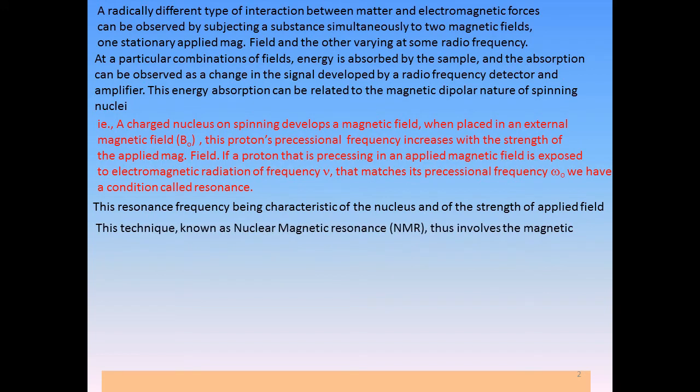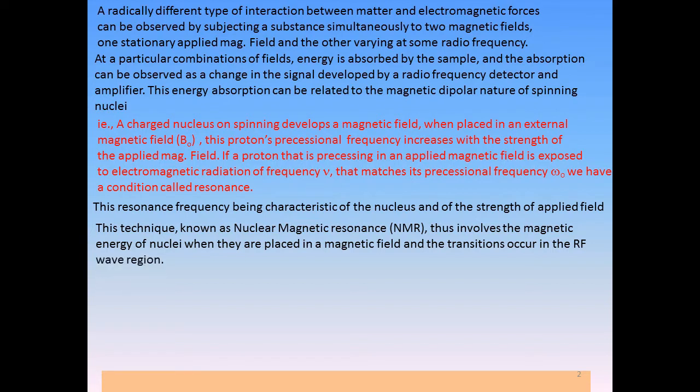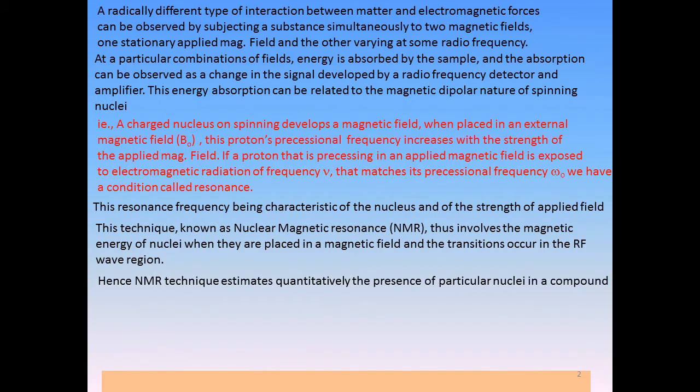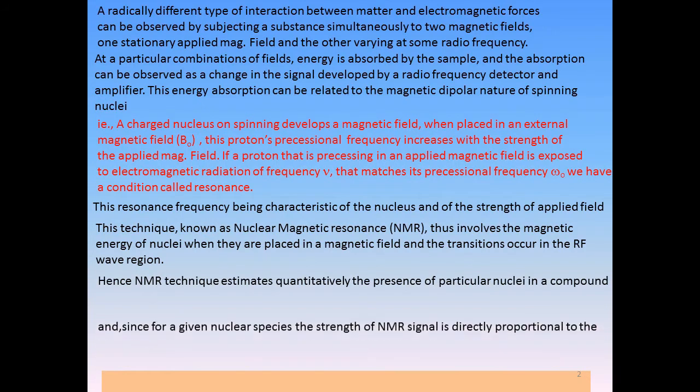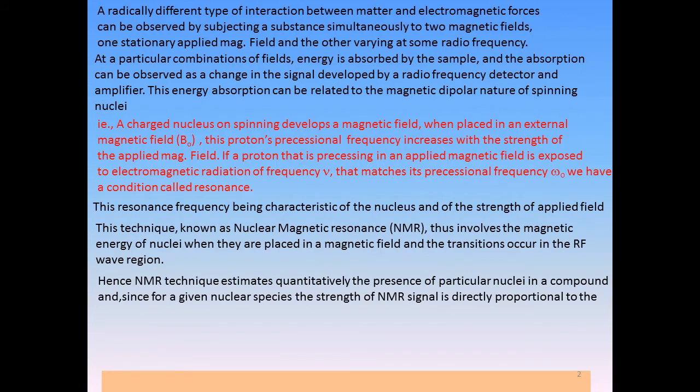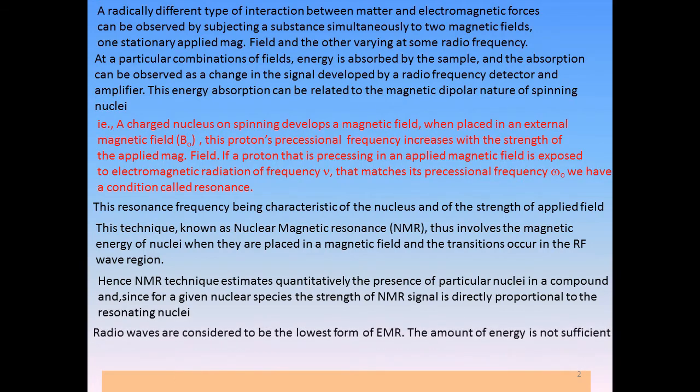So the technique NMR involves the study of the magnetic field or energy experienced by the nuclei when they are placed in a magnetic field, and also the transition that occurs in the radio frequency wave region. Quantitatively we can estimate the presence of a particular nucleus in a compound, since for a given nuclear species the strength of the NMR signal is directly proportional to the number of resonating nuclei.